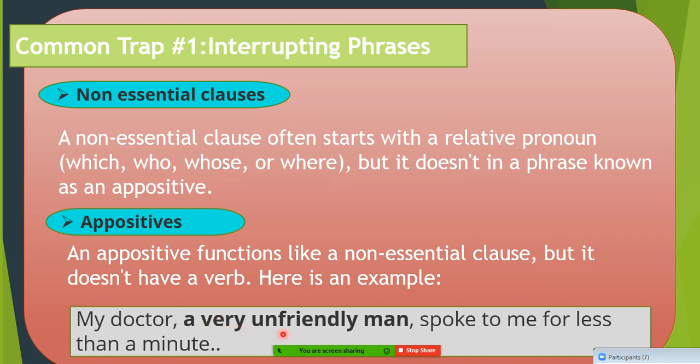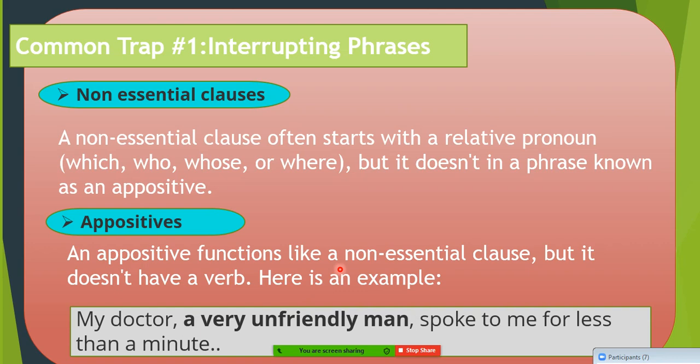But sometimes you are deceived into deciding that unfriendly and spoke, supposing the last word here is a noun, should follow each other. No, just eliminate this non-essential phrase and start to read the sentence again without it. You'll discover now if the subject and the verb are agreeing or not.